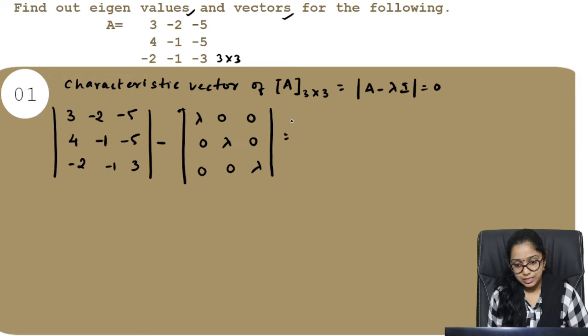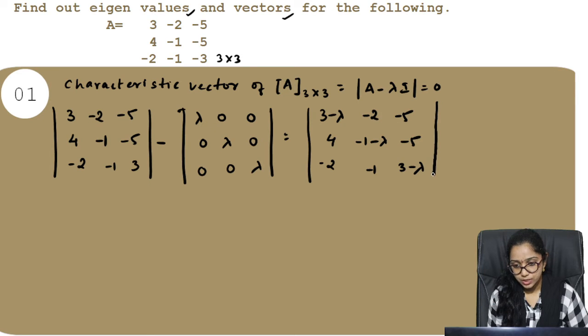The resultant matrix, which gives the characteristic polynomial, is 3 − λ, −2, −5; 4, −1 − λ, −5; −2, −1, 3 − λ. So this is the required characteristic matrix of A.